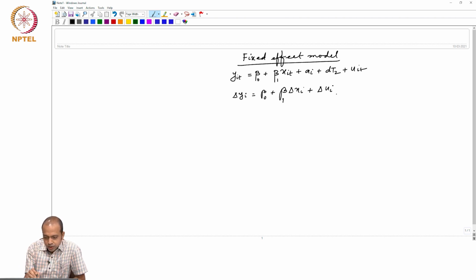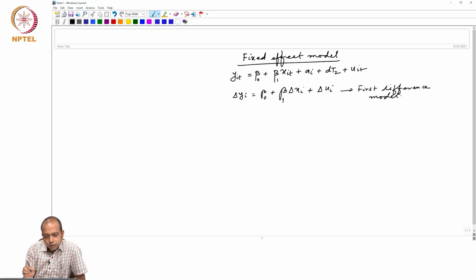Now, this is called the first difference model.